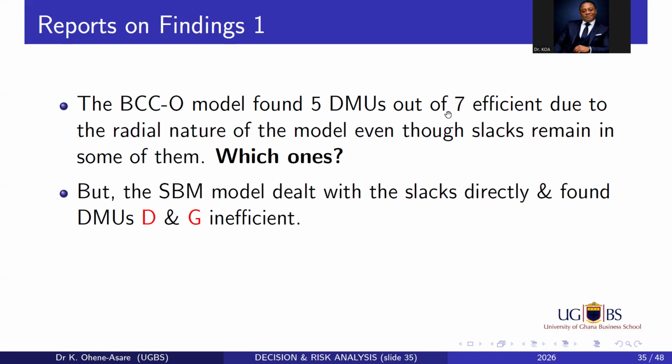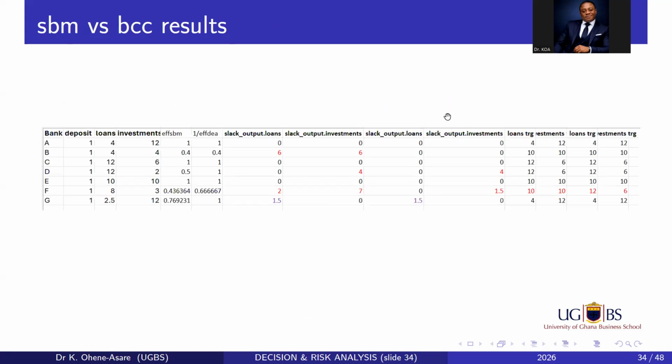Based on the original data set, DMU-F, so Bank F was inefficient, and Bank B was also inefficient. And Bank G based on SBM. But then it did say that some banks were efficient.